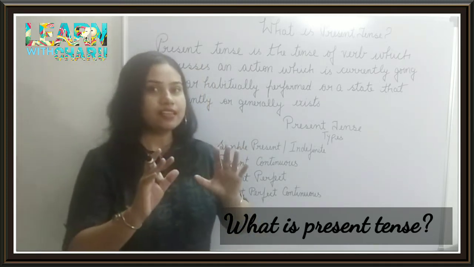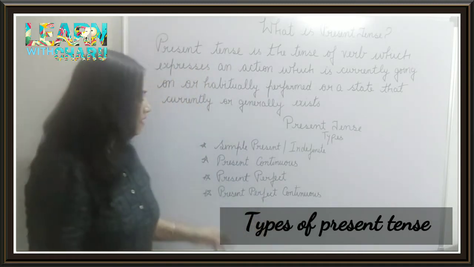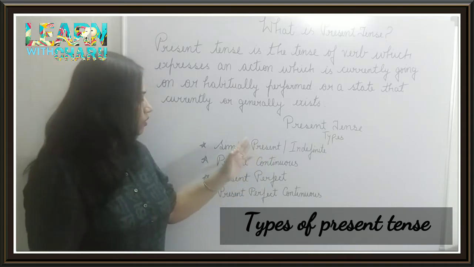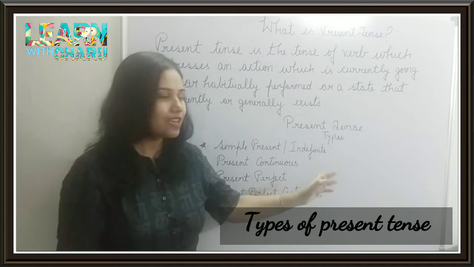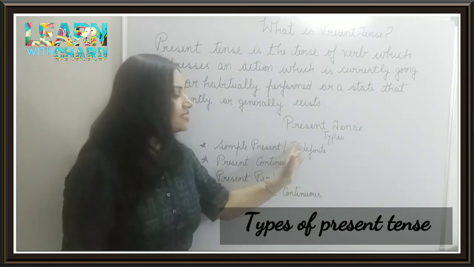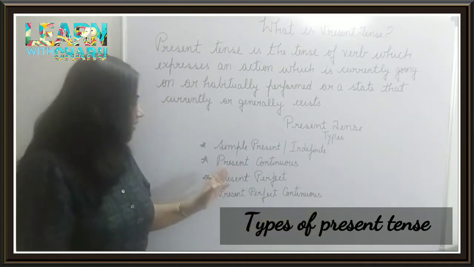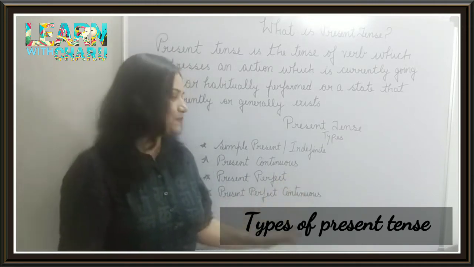Now, first of all, let's see the types of present tense. Simple present tense, we can also call it present indefinite tense, okay? Second is present continuous tense.